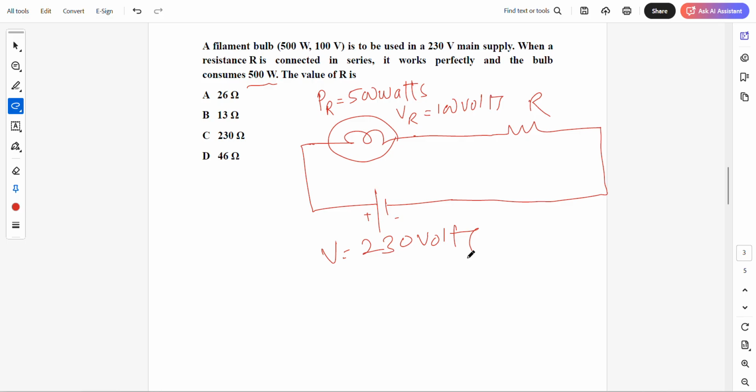Stay at 500 watts. Now you know P, you know V. How to calculate I? How much is the current flowing here? What is the formula to calculate power?